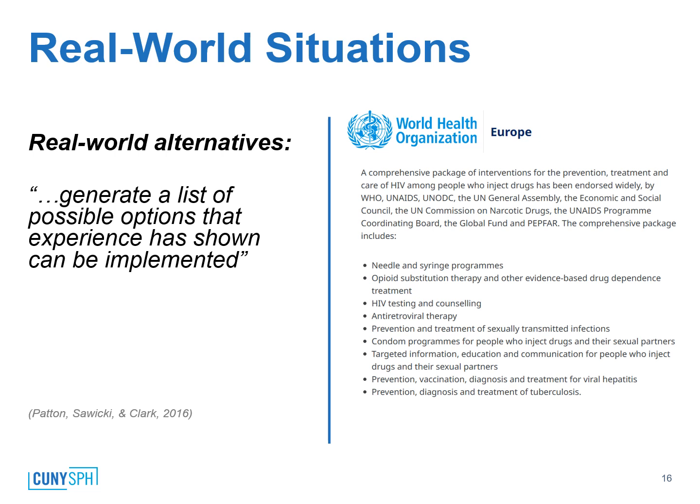So, for example, the World Health Organization has developed a comprehensive package of interventions for HIV among people who inject drugs. It includes needle exchange, opioid substitution therapy, testing, and targeted communication. This kind of reference provides a ready-made menu of proven evidence-based policy alternatives.